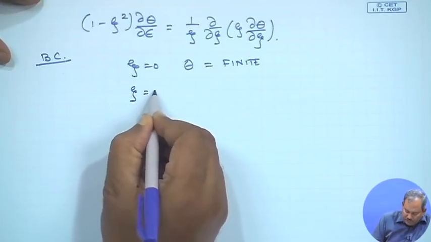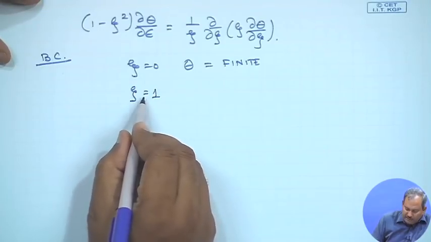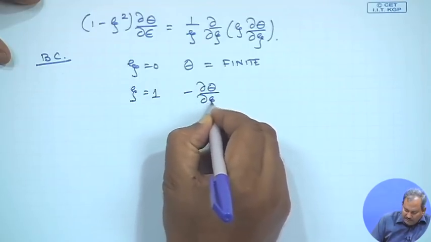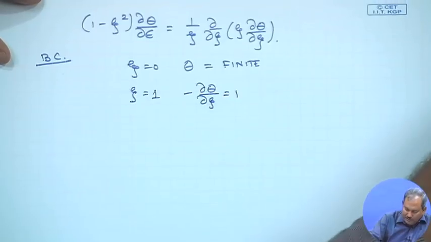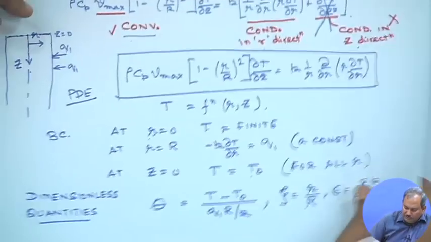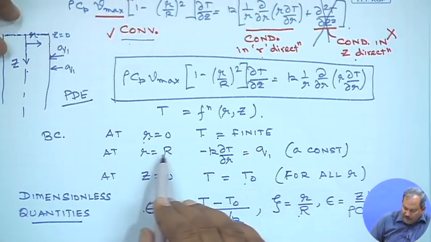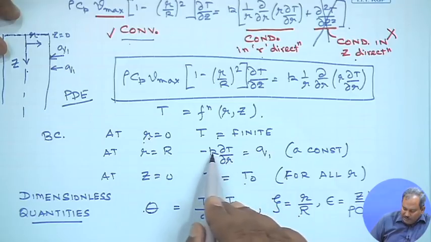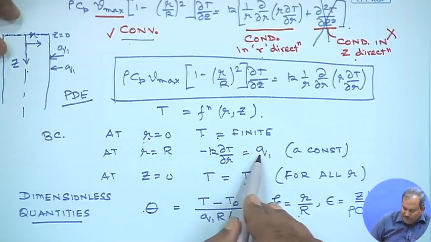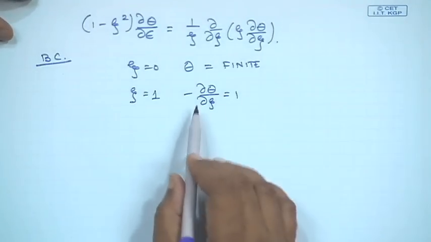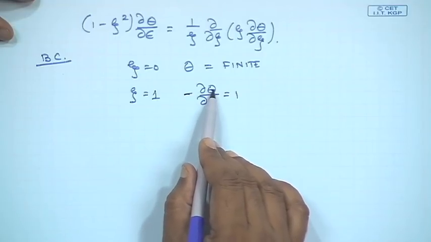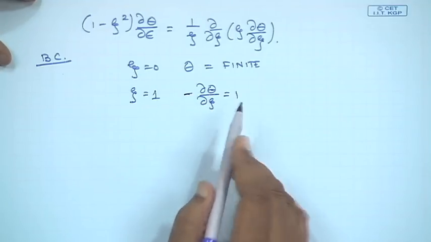And at zeta equals 1, which is at the side wall, minus del theta by del zeta is equal to 1. Again, if you compare with the physical boundary condition, at R equals R, minus K del T del R is Q1, the conductive heat is equal to the heat which is added through the side walls, and since it is expressed in dimensionless form, it is going to be minus del dimensionless temperature by del zeta is equal to 1.